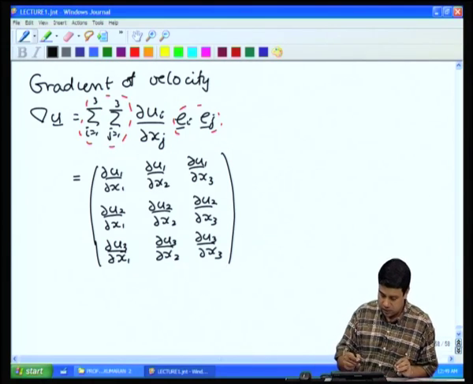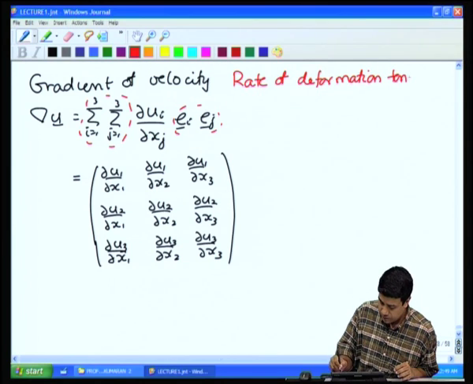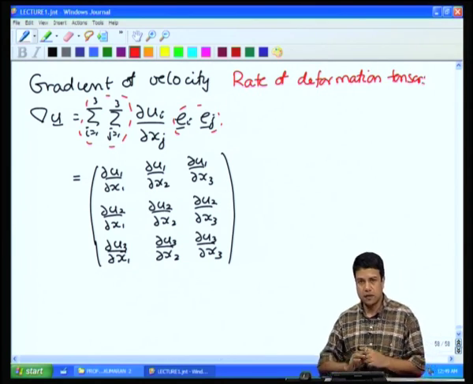This is also what is called the rate of deformation tensor.